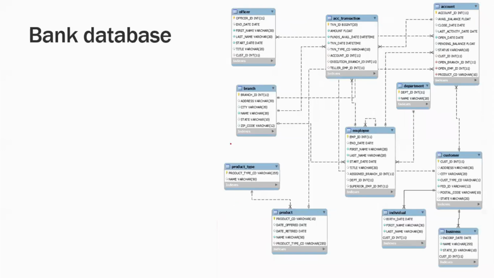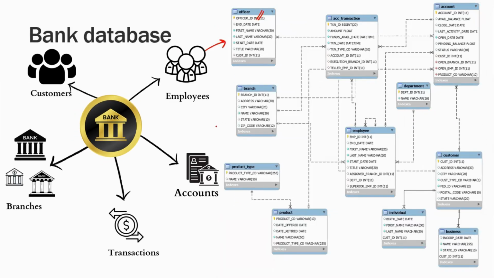If you take a bank database, there will be one table which will contain all the officers related data. One table will contain all the branch related data, which branch, where is it, which city the branch is in, what is the name of the branch. Officer related data will be what is the first name of the officer, what is the last name of the officer, what is the officer ID and all that. Account transaction related data, product type related data, credit card or loan account or savings bank account, something like that.